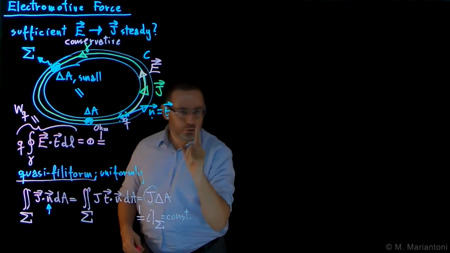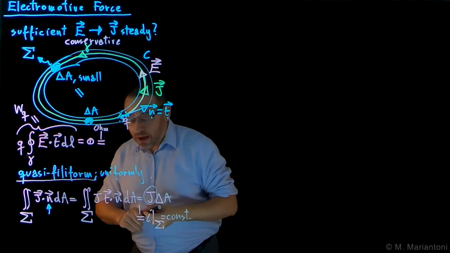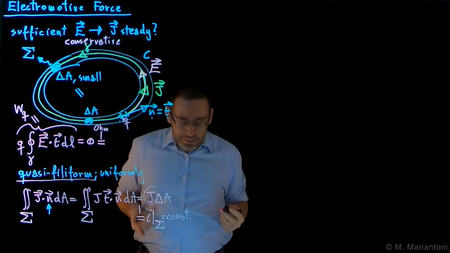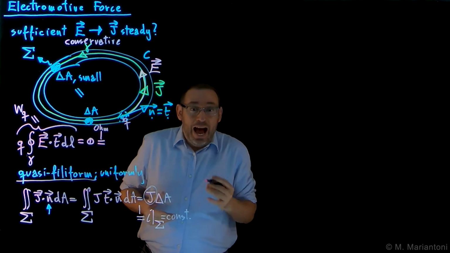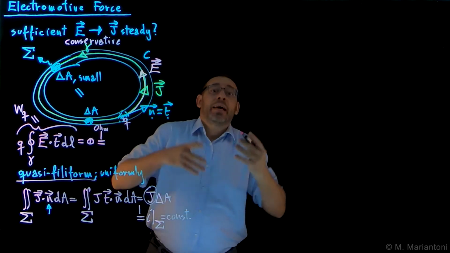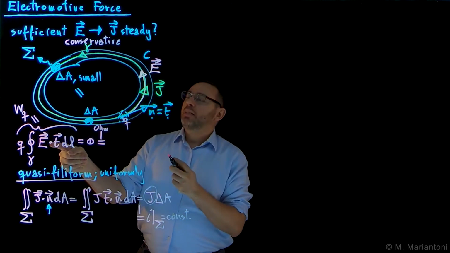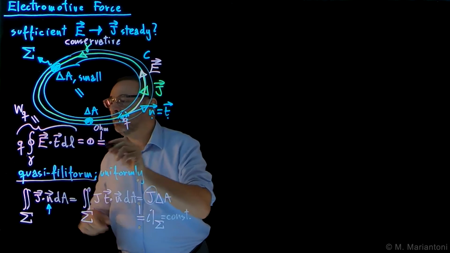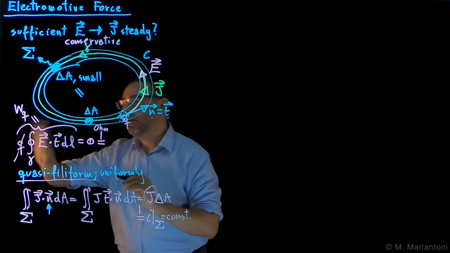Great, so now let us use Ohm's law because I'm also assuming that I have an ohmic conductor. So the resistivity associated with the conductor is Rc and its conductivity Sc. Therefore, we want E, which is going to be, so let's forget about this closed integral because it's equal to 0, so we can remove it.